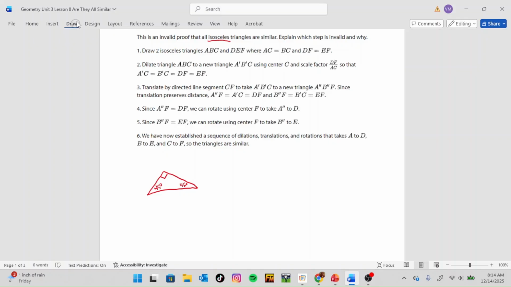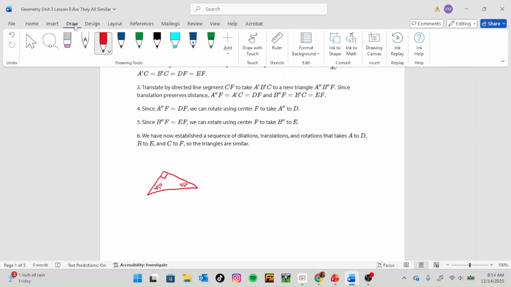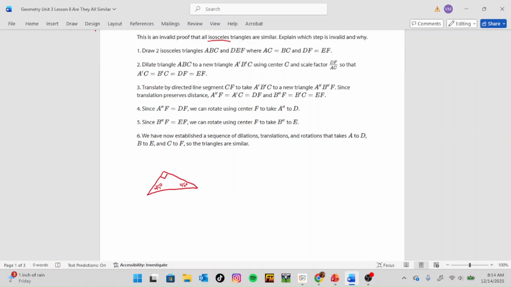And then we could also draw an obtuse triangle, and let's say that's 120 degrees and then 30 degrees each.